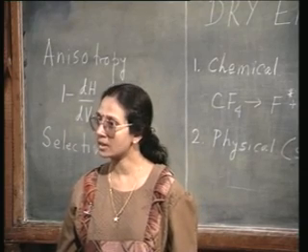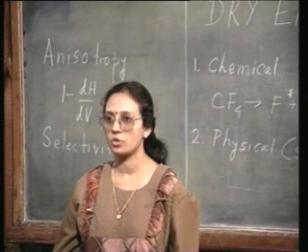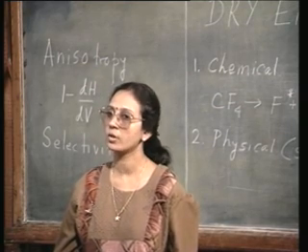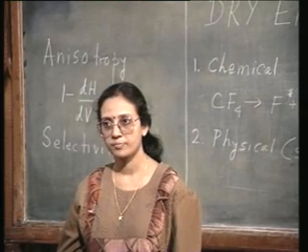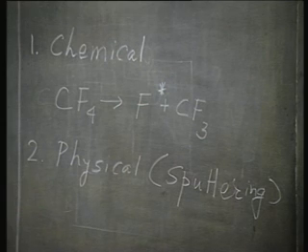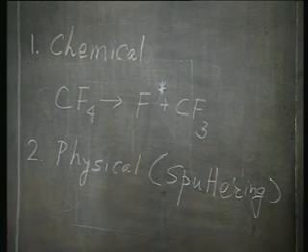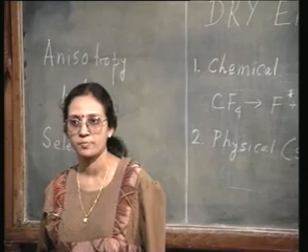But it is just a chemical reaction, therefore, the etch profile is going to be isotropic. Selectivity of course is going to be good. Selectivity is the hallmark of any chemical reaction. In the second process, we have physical removal of material, therefore, selectivity is the casualty. It does not distinguish between many substrates, it just removes the surface atoms by brute force.